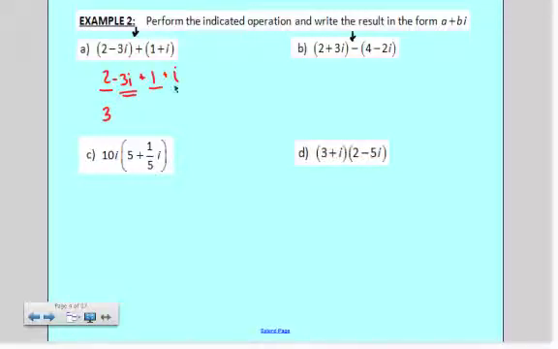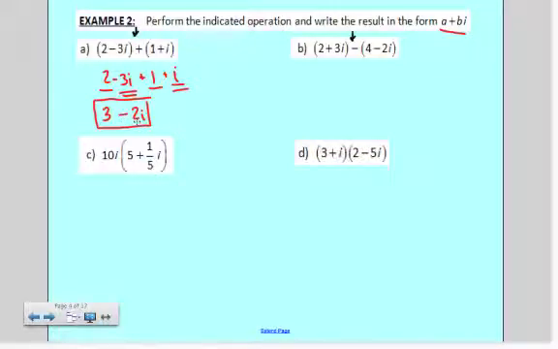And then the other common thing is the imaginary part, so I have a negative 3i plus 1i, which is negative 2i. And note that the instructions say to write it in a plus bi. That means your real number plus your imaginary bi. And we have that here. Our a is 3 and our bi is minus 2i.